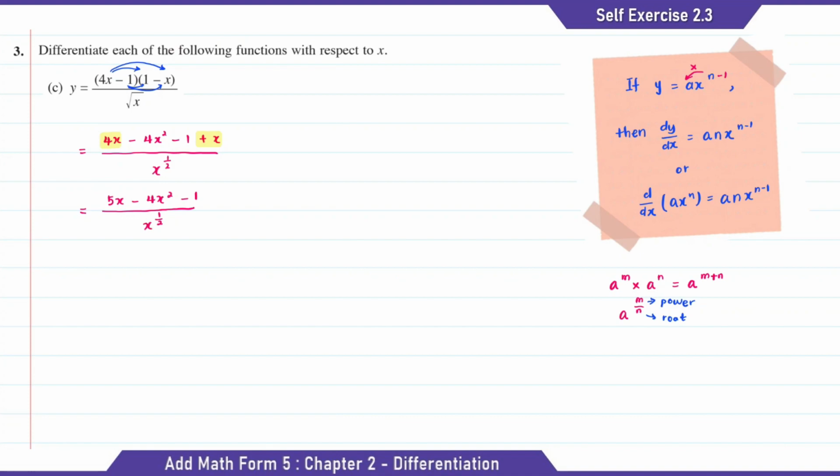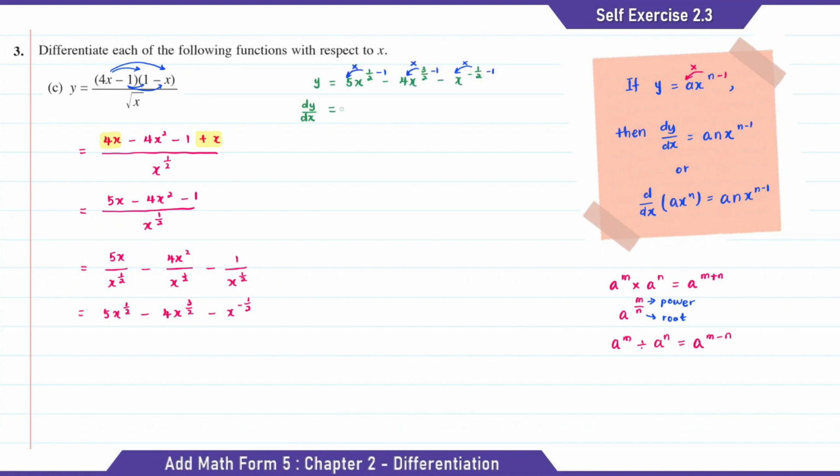To simplify this, I can write it as this. Then refer to the law of indices. This is equal to 5x to the power of 1 over 2 minus 4x to the power of 3 over 2 minus x to the power of negative 1 over 2.